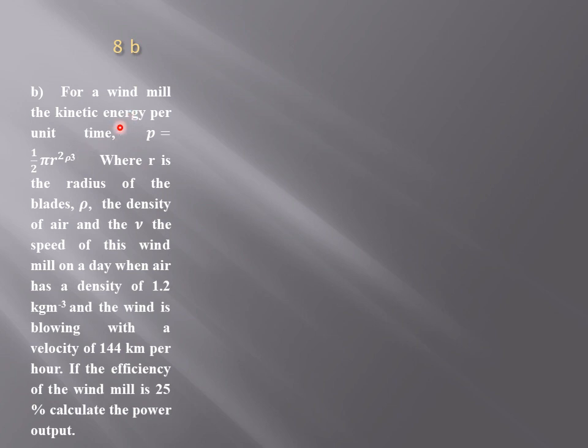The kinetic energy per unit time, P, is given by 1/2 pi r squared rho v to the power 3.